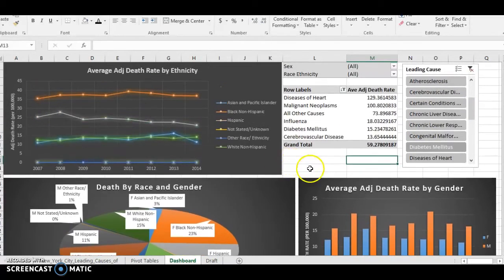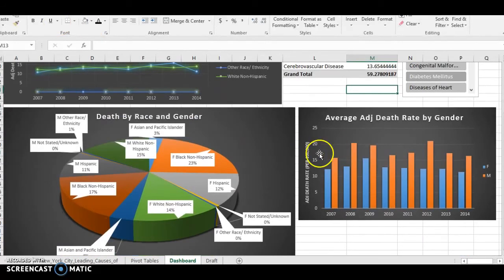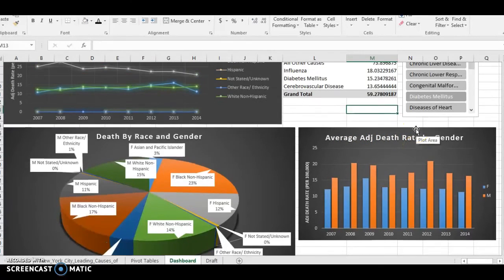As we can see, for diabetes, the Black and Hispanic populations have a higher average adjusted death rate compared to the white and Asian or Pacific populations, and females have a lower average adjusted death rate compared to males.